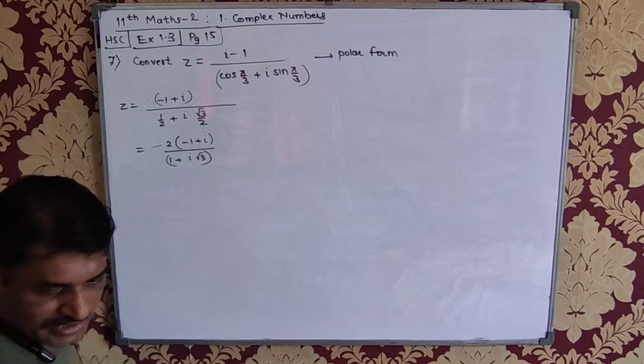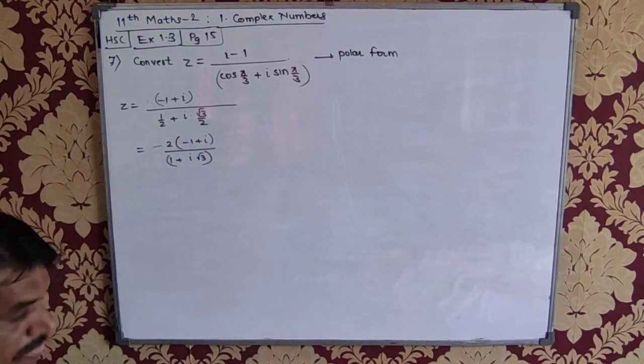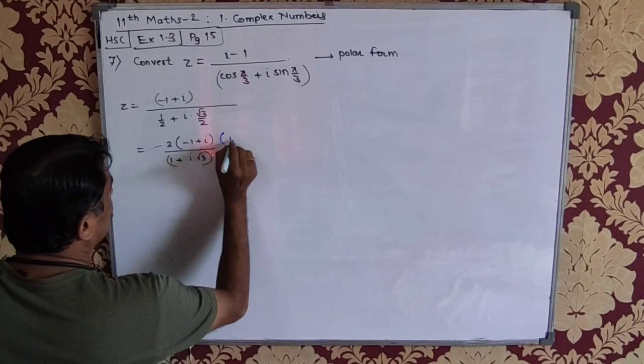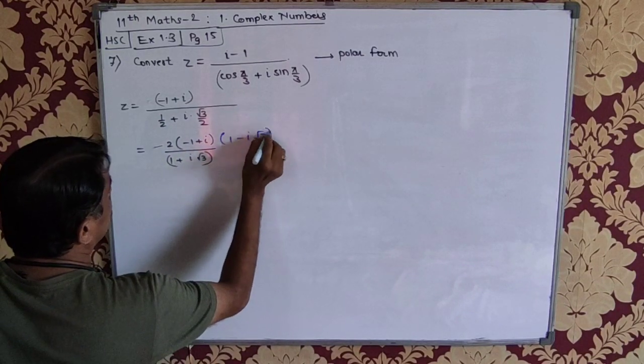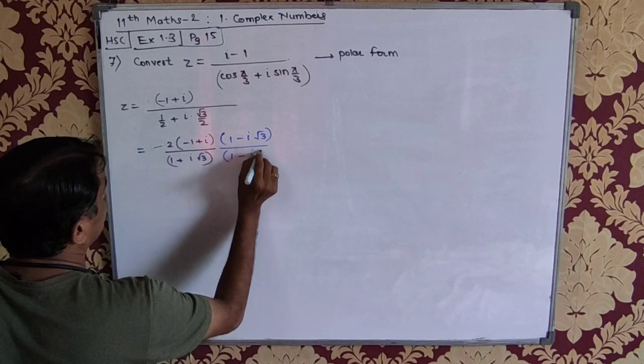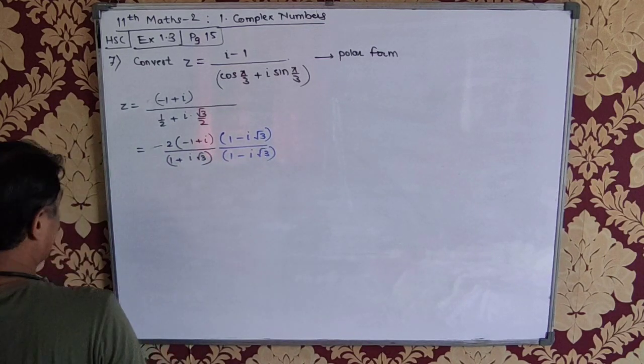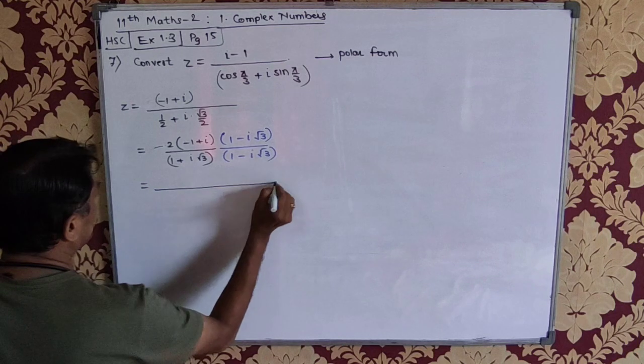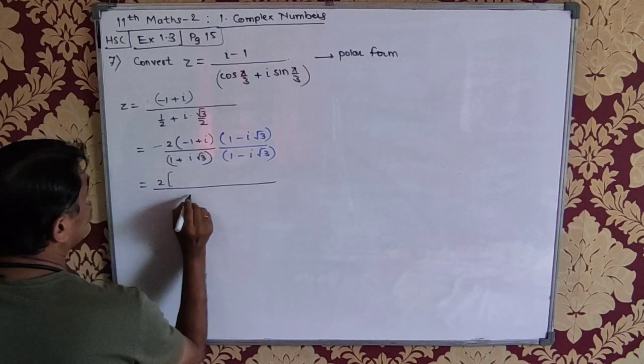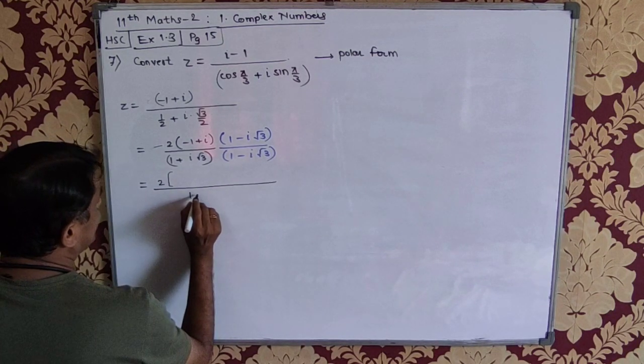Rationalize the denominator. Let us carry out this division. So multiply by 1 minus i root 3 upon 1 minus i root 3. The denominator will be a plus b times a minus b, so 1 minus i square, which is plus 3.